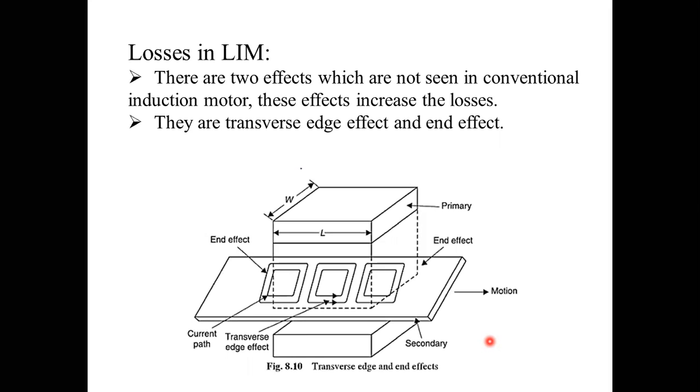But here, there are no rotating losses because the linear induction motor works in a linear motion. So with respect to this, we are eliminating the rotating losses like friction and windage losses.